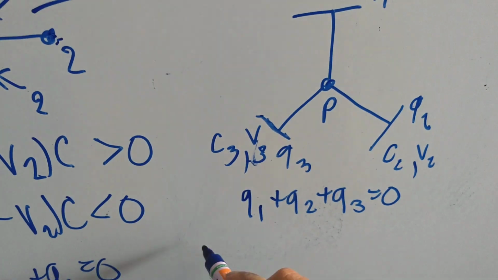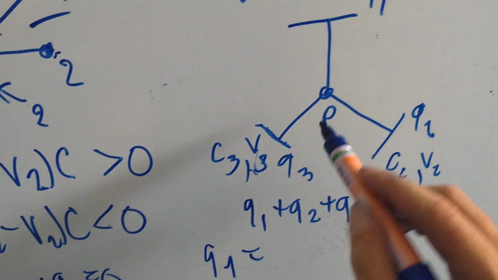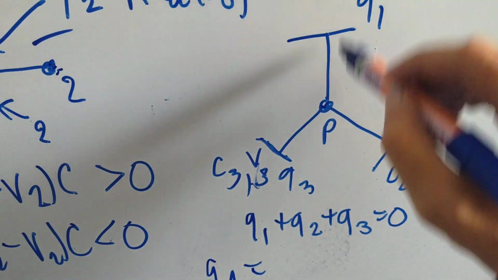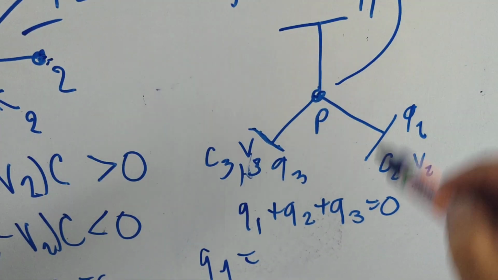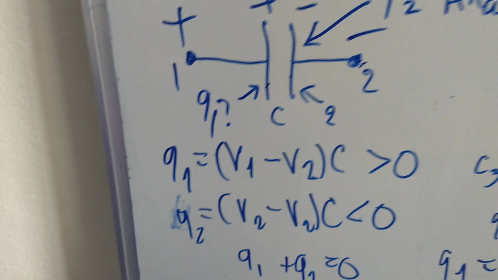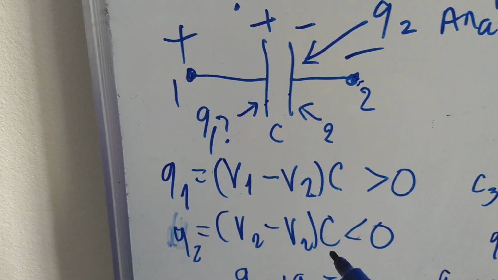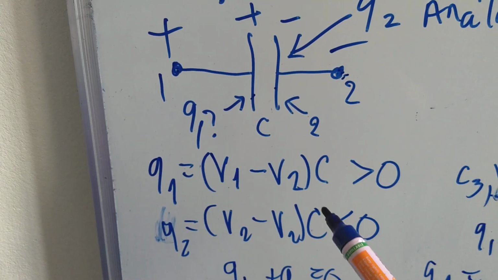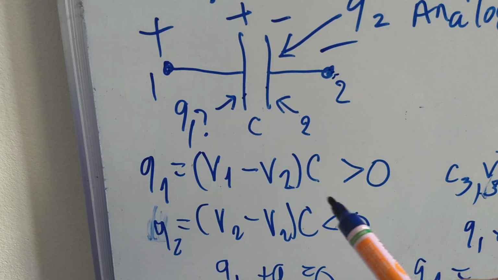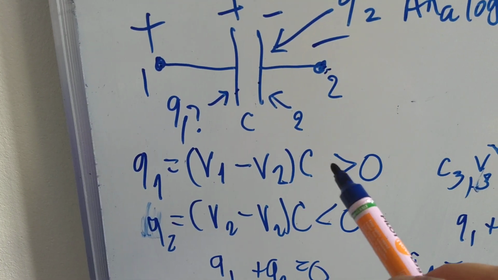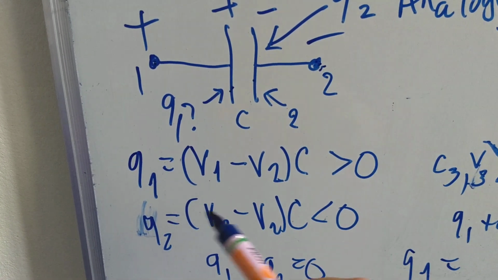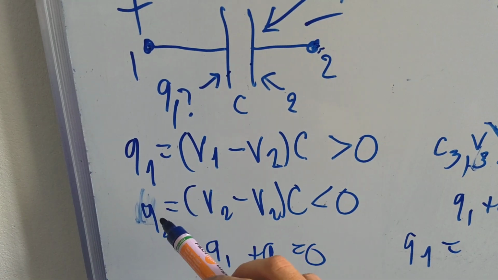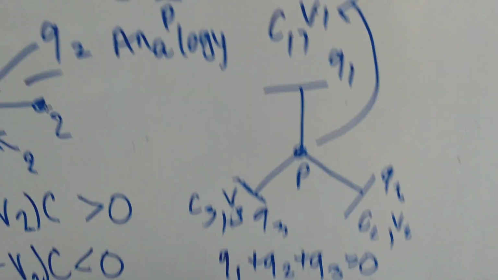So what is Q1? Again, we use the convention: start at P and subtract this one, exactly as we have shown here. Don't memorize this, just really try to understand it. Do it over and over again until you understand where the plus and minus go and how you can get which charge on which plate.